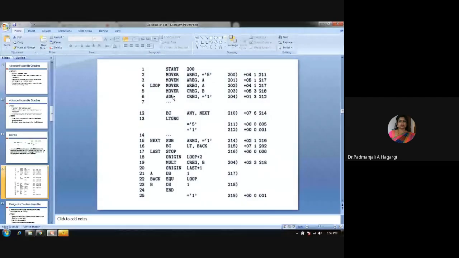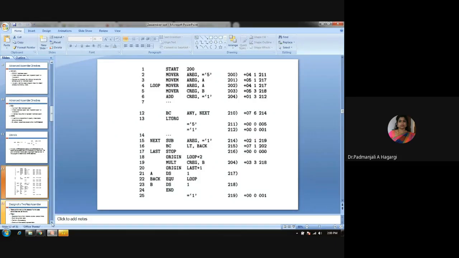Next is ADD. This instruction code is 01, and the location counter is incremented by 1, and CREG is category 3. Here a literal value is found, so this also is kept blank for the time being. This literal value 1 will be pushed onto the literal table.